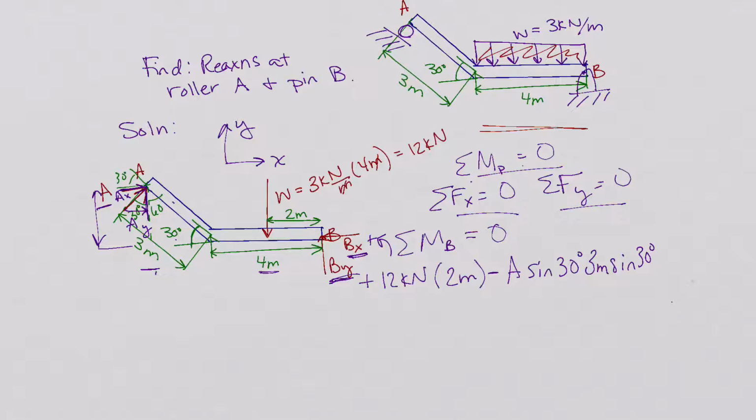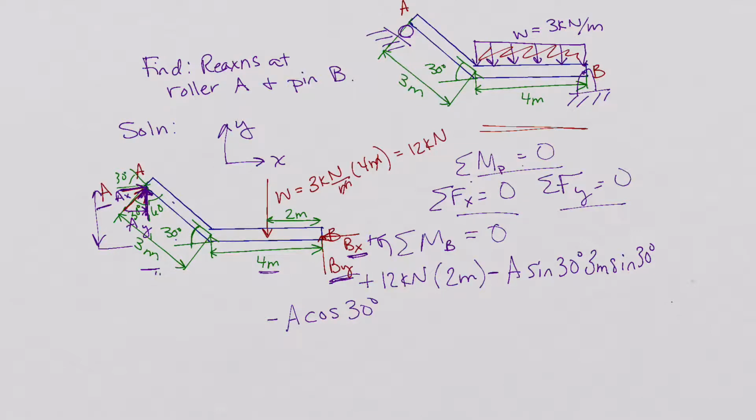And then we also have the AY, which is going to produce a moment. Let's do our right-hand rule: go from B up to A, fingers in the AY direction, so that's also going into the board. So that's going to be negative, and AY is going to equal A times the cosine of 30 degrees, so that's this component right here.